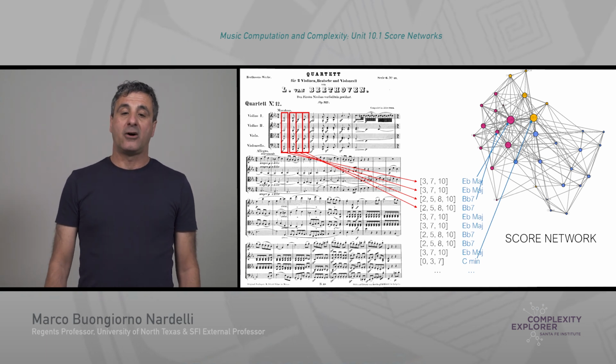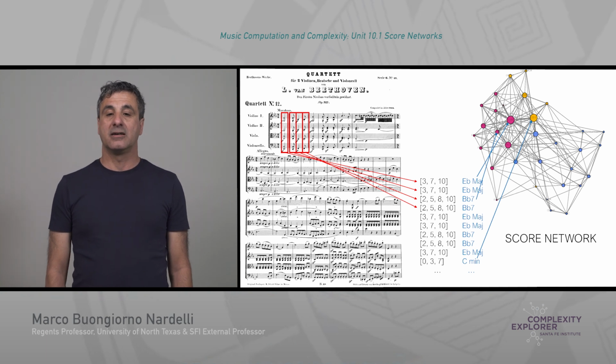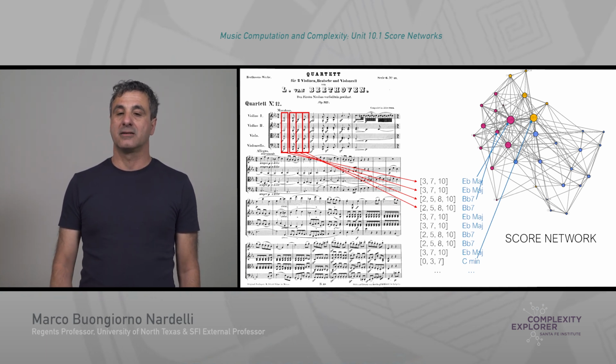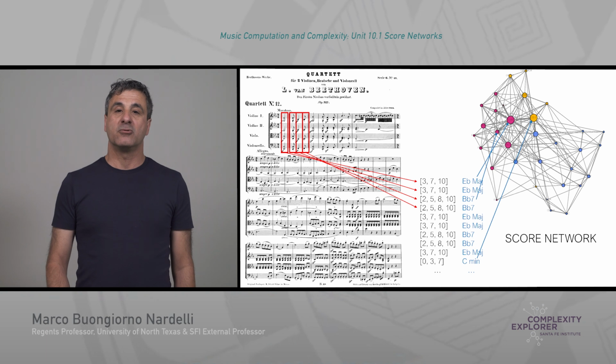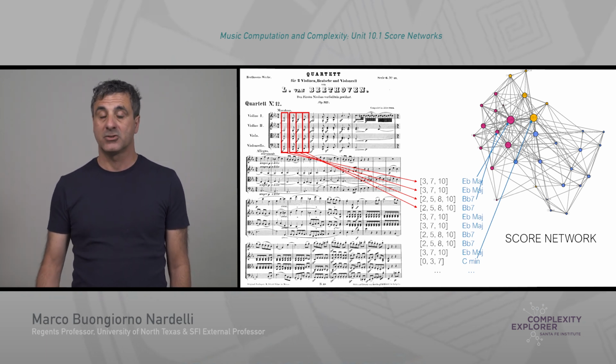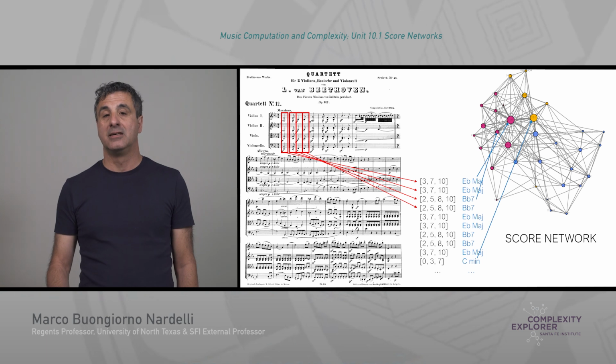The links between the nodes are not the links that we saw before, defined by the metric of the network space. Here there are links between chords that are one after the other. So if I go from one chord to the next, there is a link between these two chords.